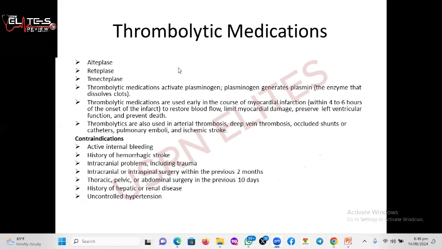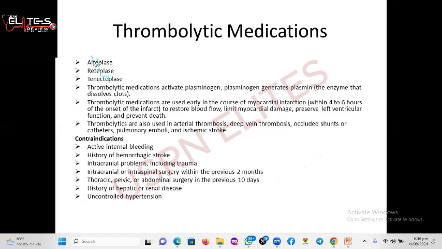And so examples of the thrombolytics are alteplase, reteplase, and tenecteplase. Now, if you can't keep these in your mind, to know that something is a thrombolytic, look at the ending parts.